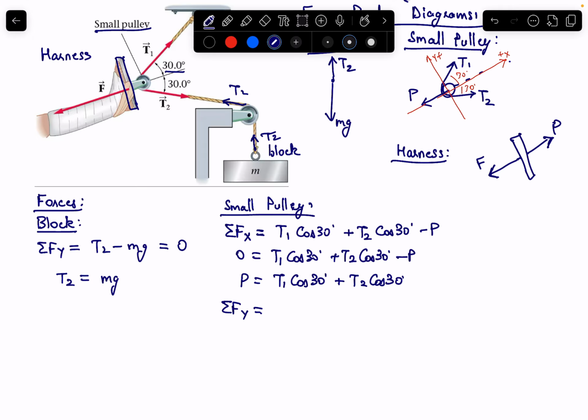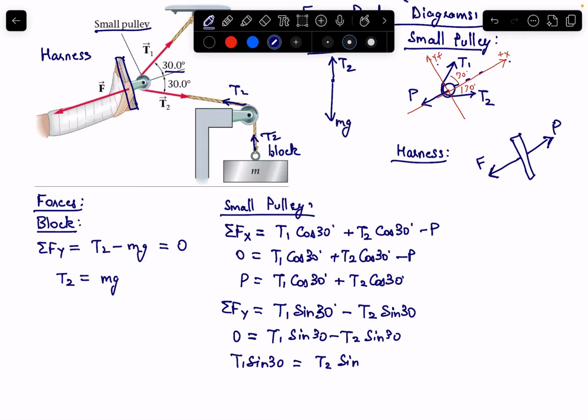Now let's look at the y direction. In this direction, this is positive, so T1 sine 30 minus T2 sine 30. This should be equal to 0. So T1 sine 30 is equal to T2 sine 30. Sine 30, sine 30 cancel out.